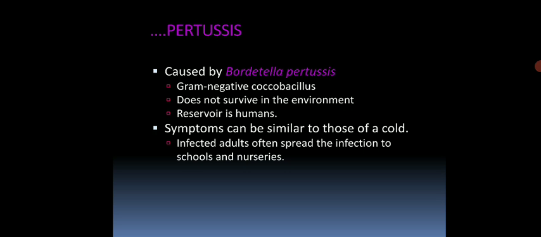It is caused by Bordetella pertussis, a gram-negative coccobacillus. It does not survive in the environment, and its reservoir is humans. Symptoms can be similar to those of a cold, and infected adults often spread the infection to schools as well as nurseries.